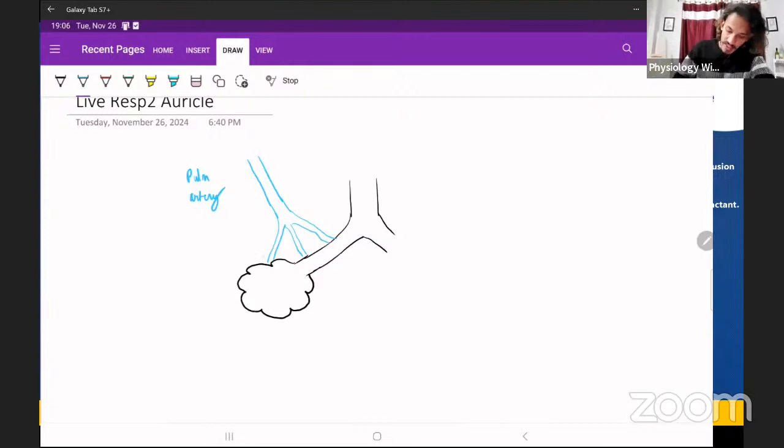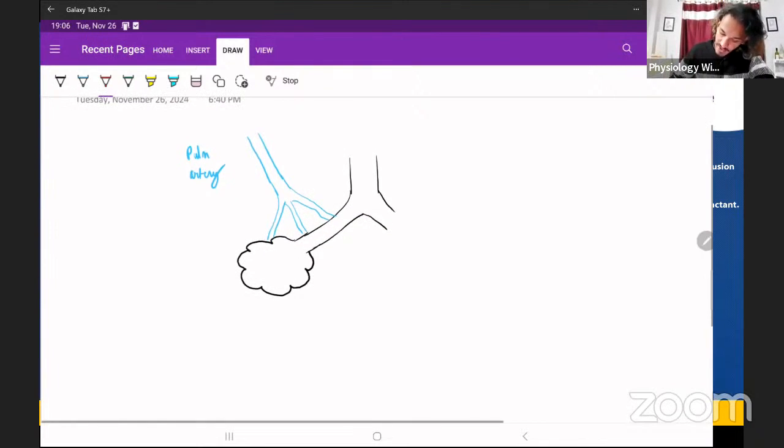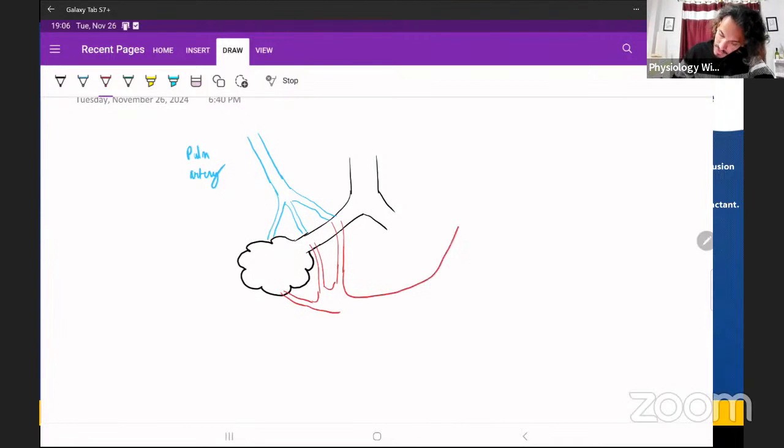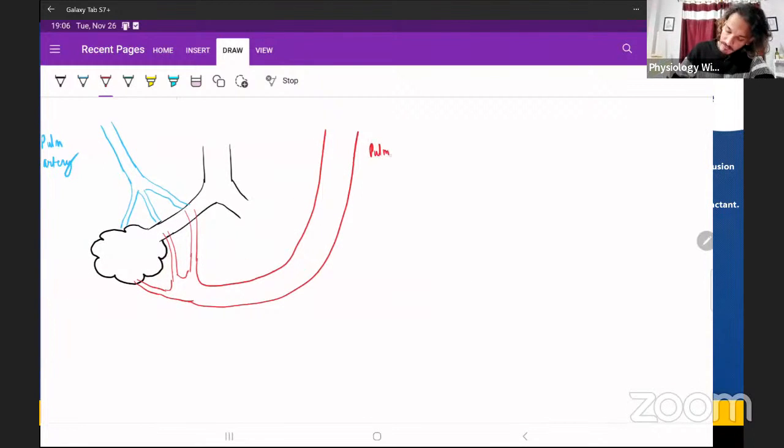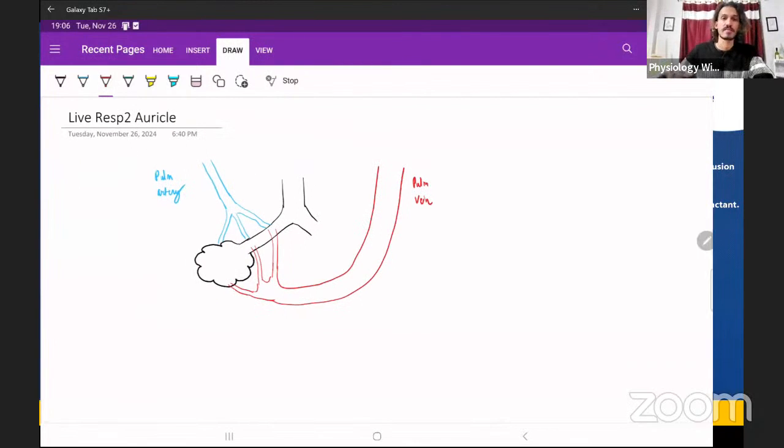Okay. On the other hand, we have another system, which is your pulmonary vein. Okay, so this pulmonary vein is carrying your oxygenated blood.